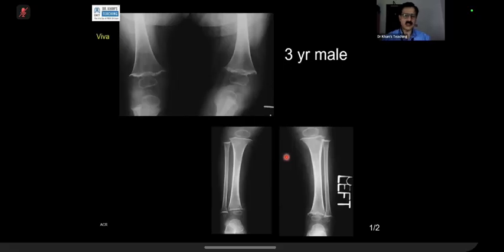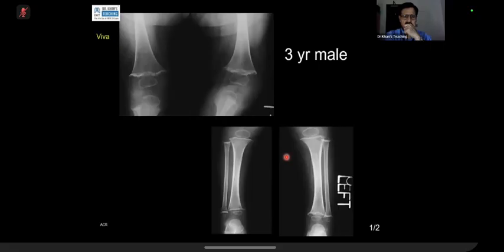Yes, please describe this X-ray for me and give me your diagnosis. Presented with a 3-year-old male, knee X-ray, AP and lateral. There's thinning of the lower femoral epiphysis, giving the Wimberger sign.